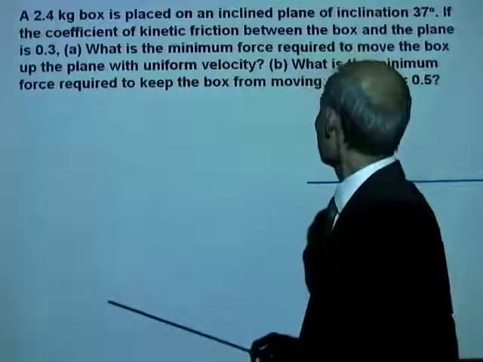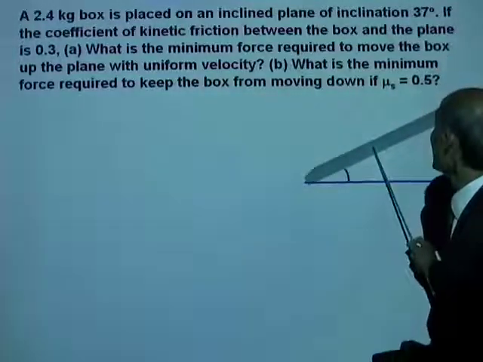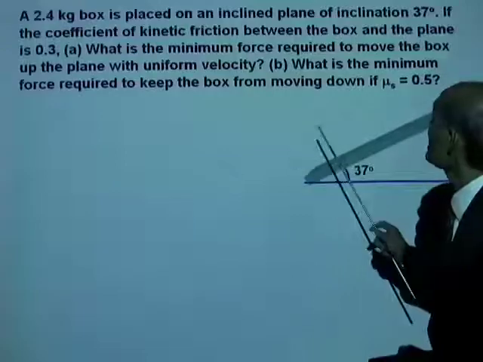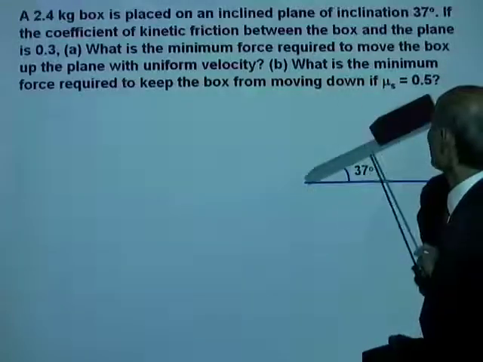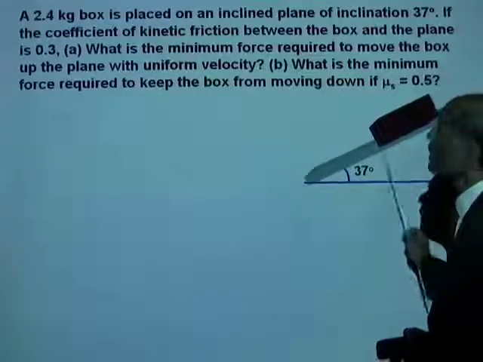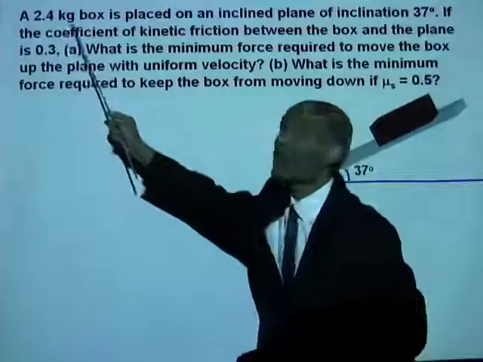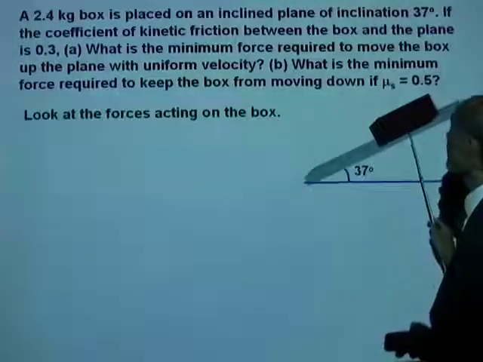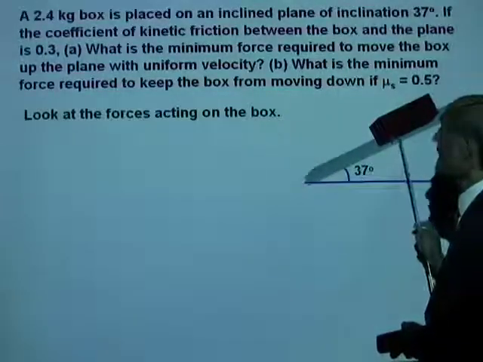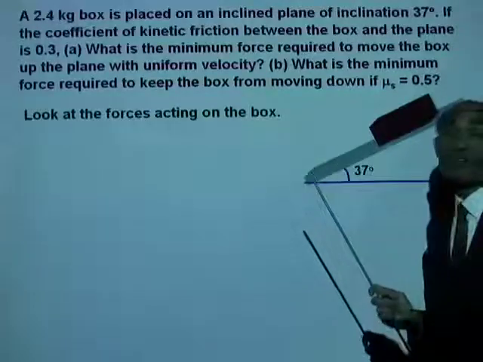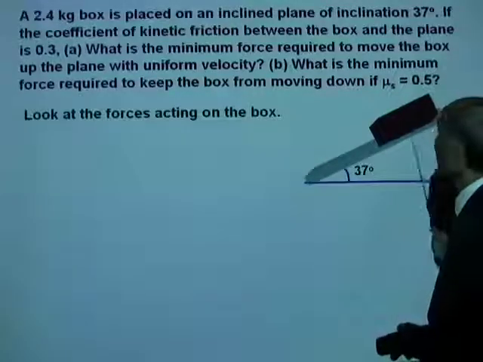Okay, we have an inclined plane of inclination 37 degrees, and you have a box of mass 2.4 kilogram on the inclined plane. Now let's look at the forces on this box.